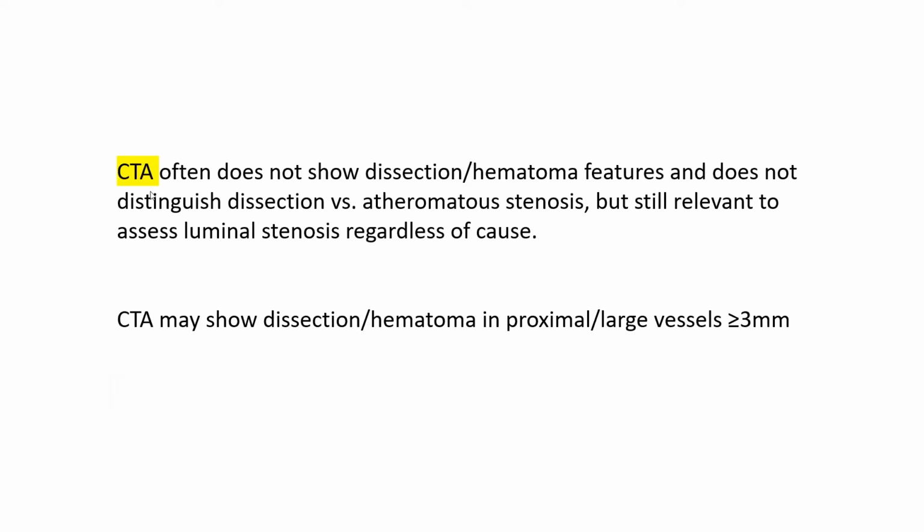Now, they criticize CTA because CTA often does not show dissection hematoma features, especially in vessels less than 3 millimeters. And it cannot distinguish dissection from atheromatous stenosis. But I find it relevant on follow-up to see whether there is still luminal stenosis regardless of the cause. I mean, whether this was dissection or a thrombotic process, it doesn't matter.